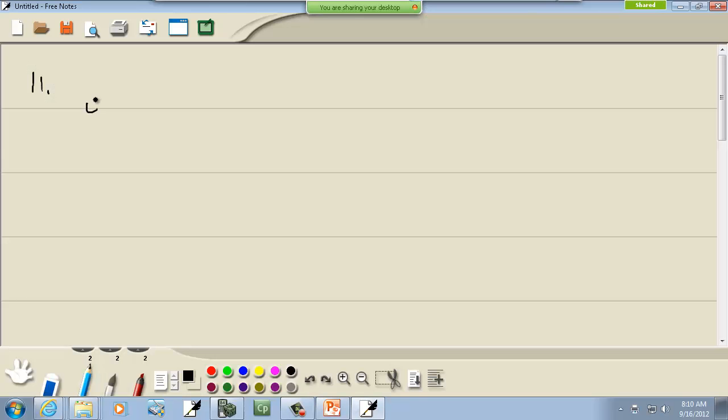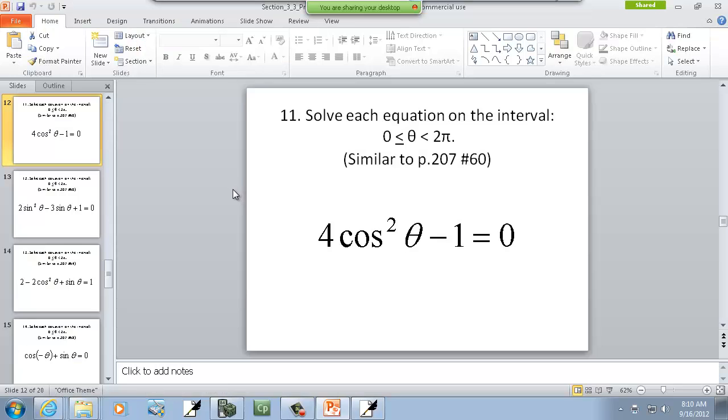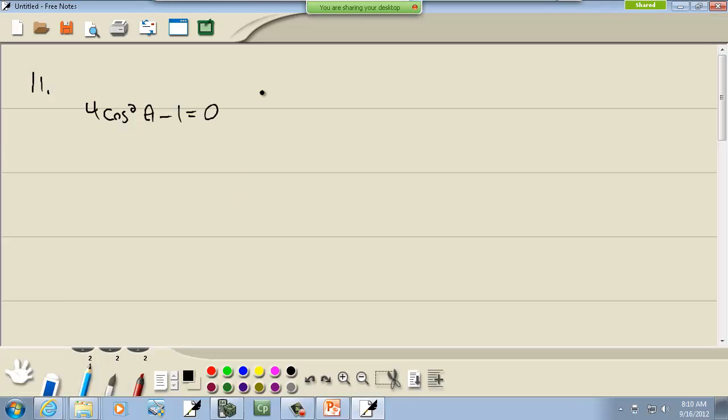This one we got 4 cosine squared theta minus 1 equal to 0. Now we looked at one like this earlier on, but now we're going to demonstrate these next few problems. The one technique you can use is to factor.